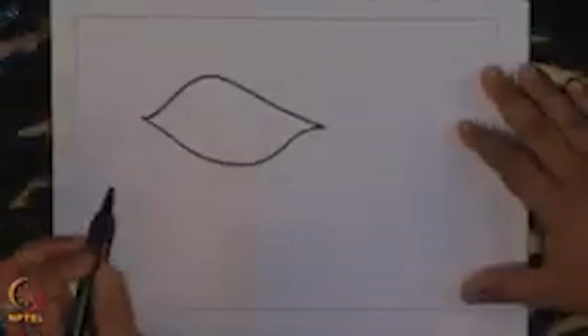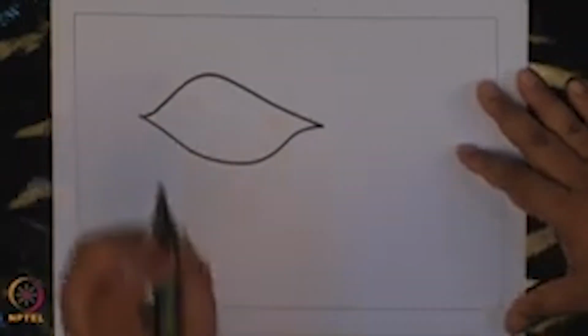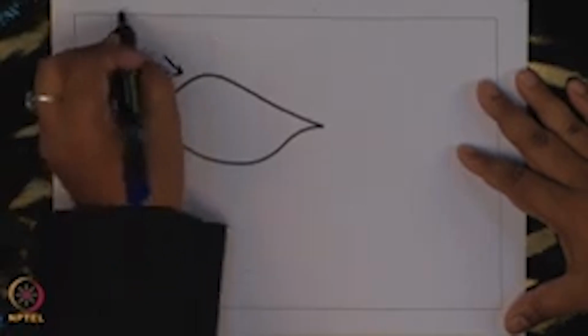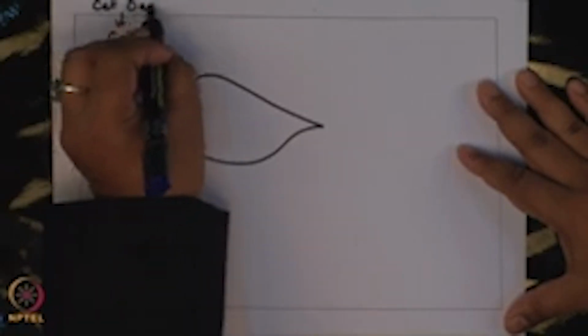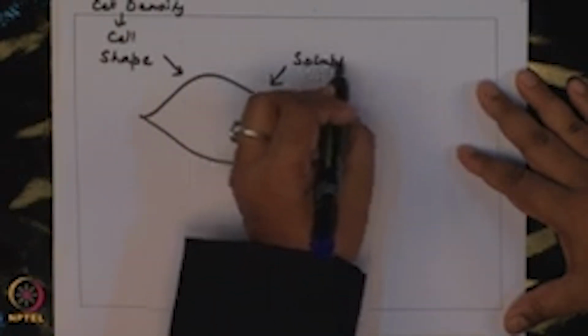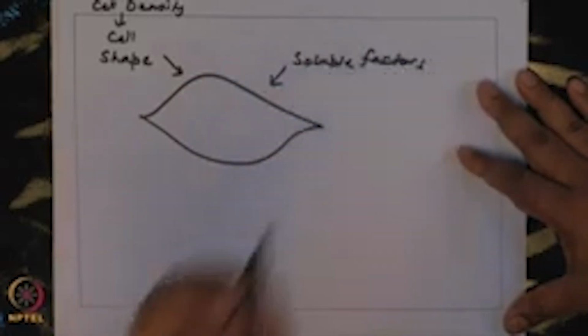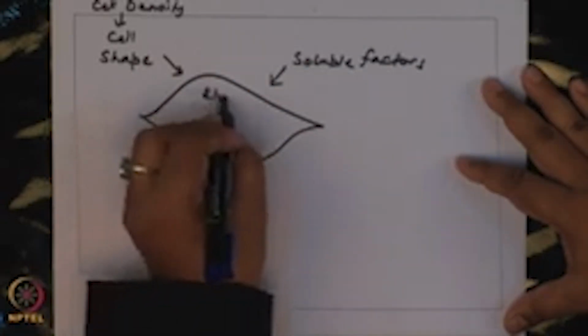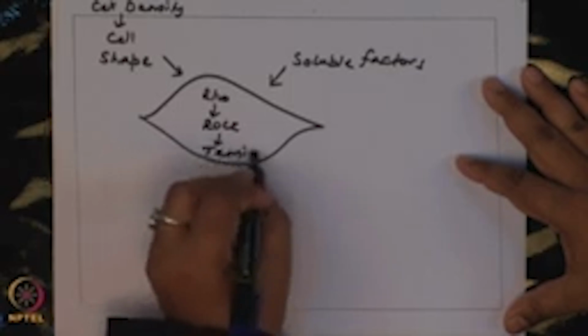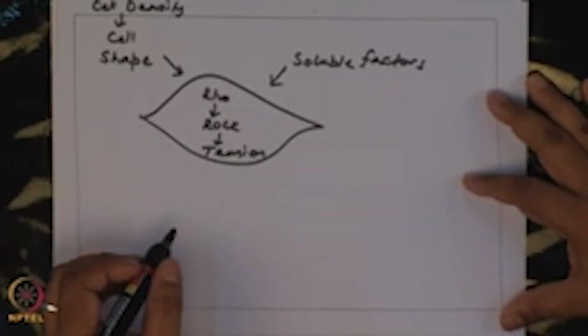Together, what these studies suggest is that if I take an HMSC, you have two regulators of differentiation fate, one being cell shape, and indirectly your cell density is regulating cell shape. You also have a soluble factor, and internally what they do is stimulate actomyosin contractility.